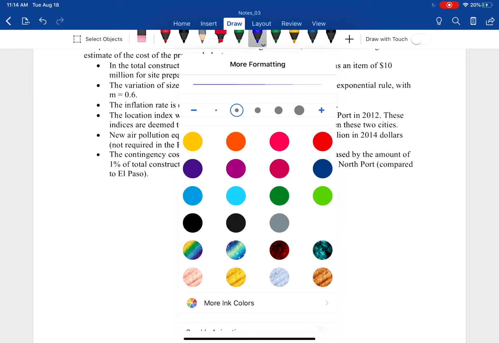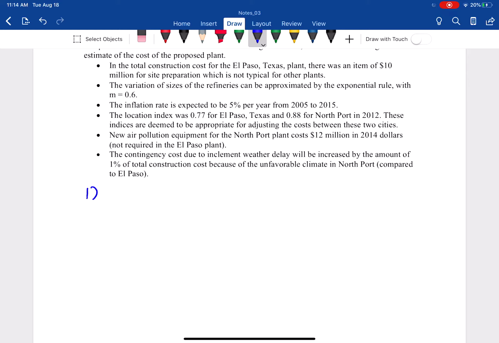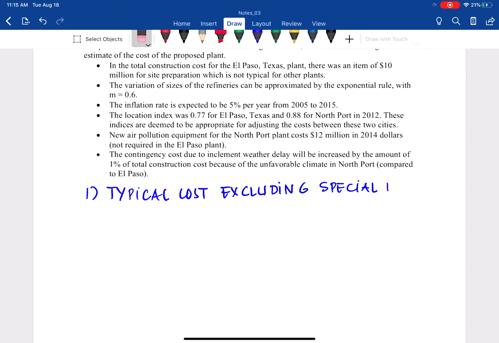First step, as you can see in number 1, we have to find out the typical cost after excluding the special item in El Paso, Texas.